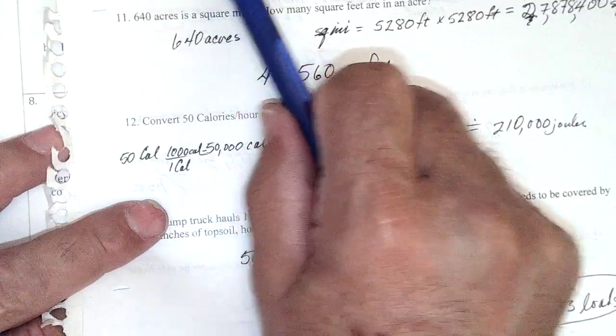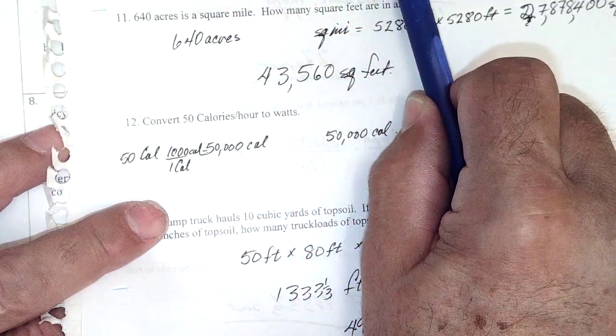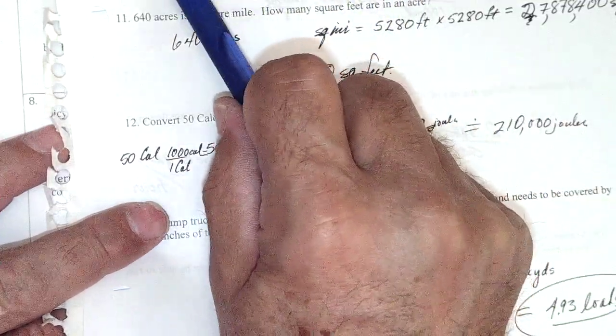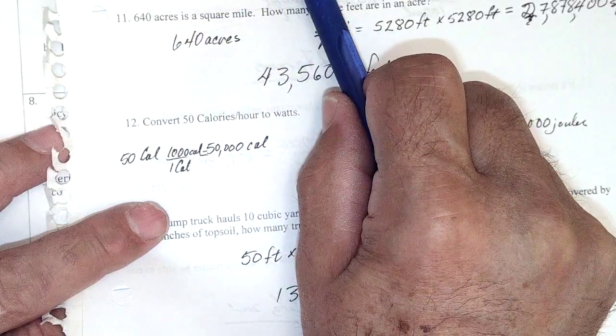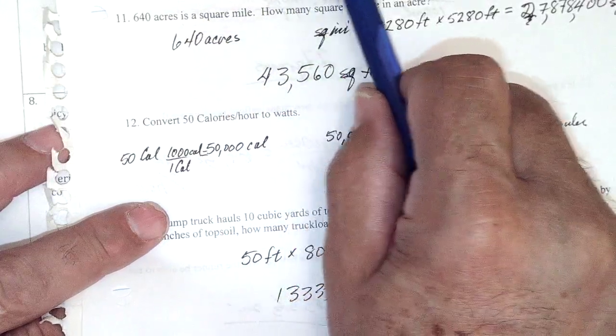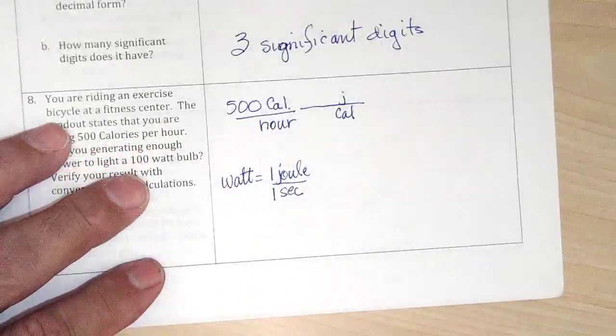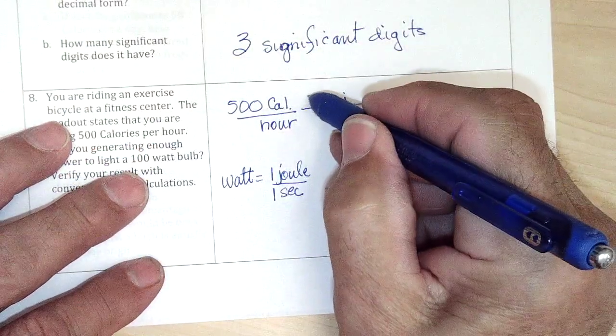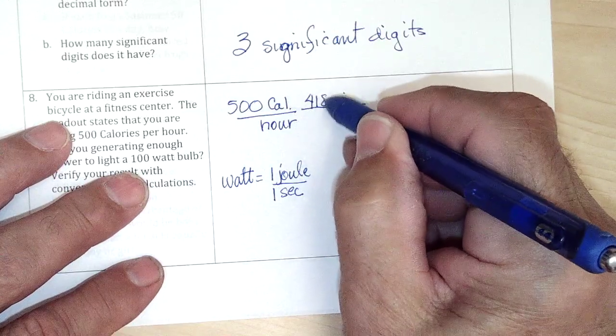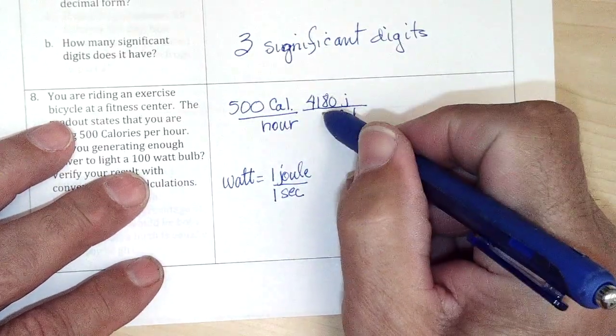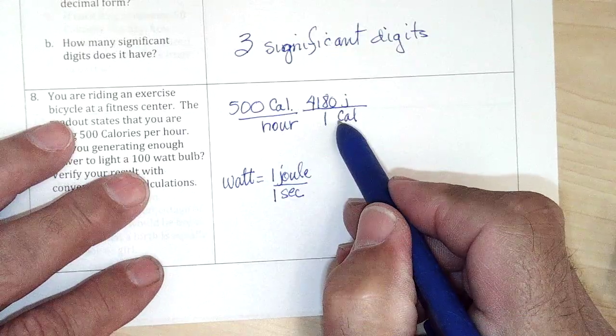One capital calorie is that many joules. 1 capital calorie is 1,000 little calories, and one of those is 4.18, so you get 4,180 joules. 4,180 joules is 1 capital calorie.